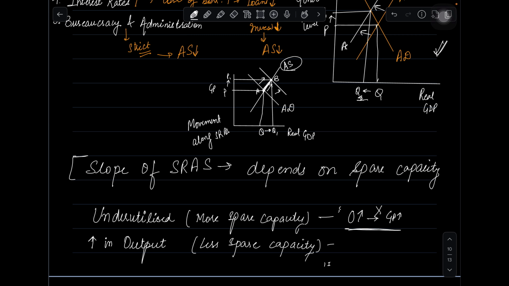That means when there is an elastic aggregate supply curve, we can increase the output without increasing the general price. But when there is less spare capacity, we can increase the output, but it will increase the general price level as well.